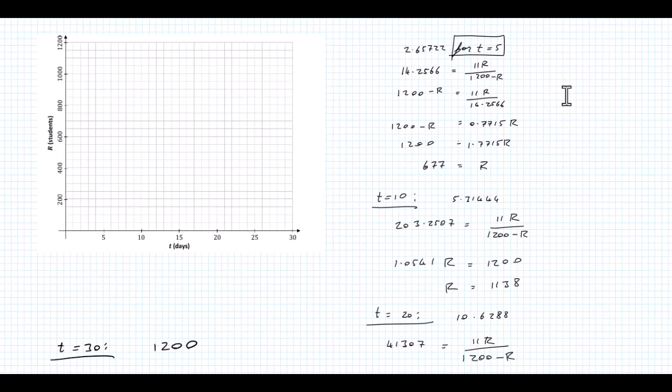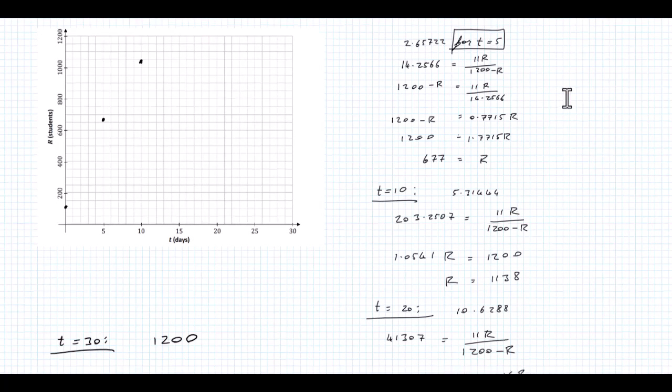So we know at the beginning T0 that R is 100. We were told that in the question. For 5 we got 677, so we can come up along here to 600, that's 700, so it's around here somewhere. T10 then is 1138, so let's go up along here to 1138, so that's somewhere around here.